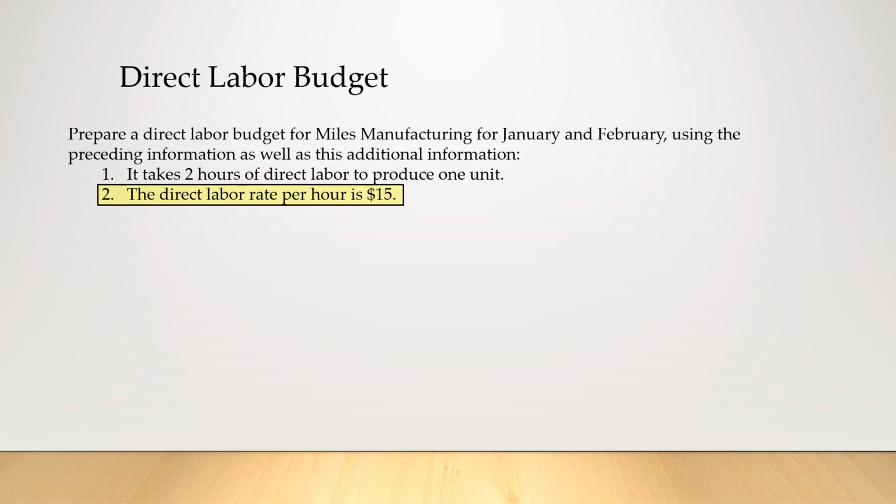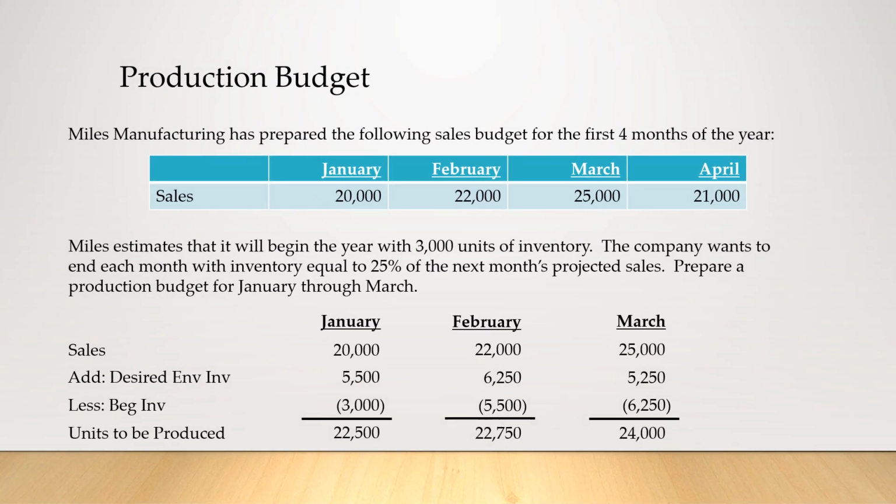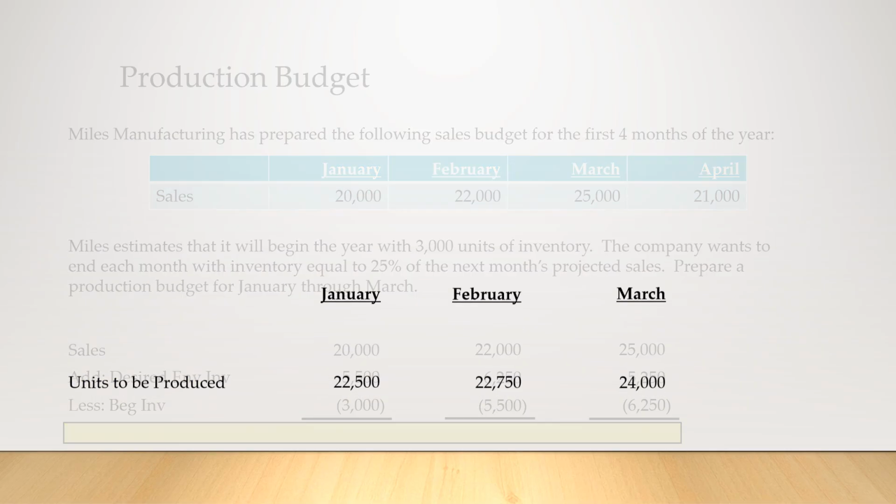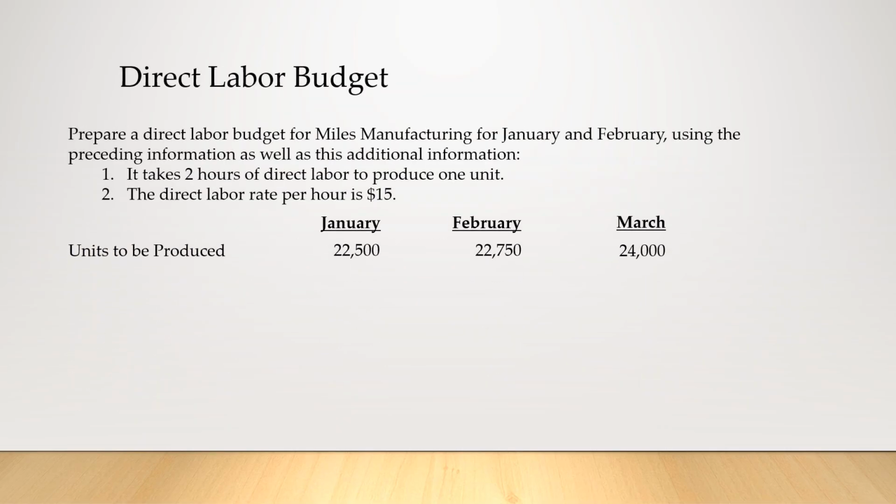Our starting point for the labor budget is units produced, which we can pull from the production budget. If we can determine the total hours required for production, we can then convert those hours to a dollar amount.